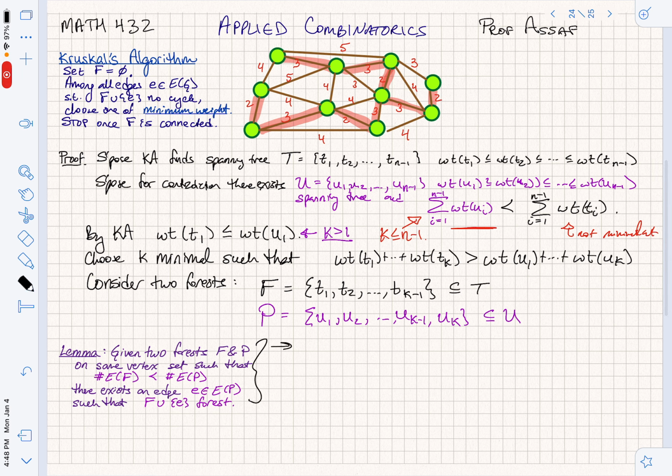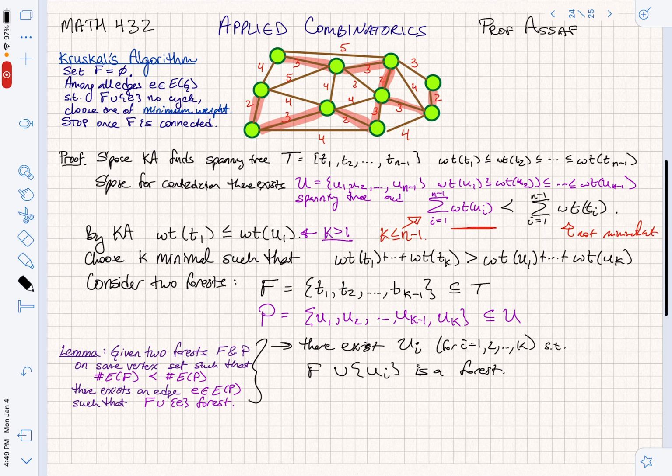This lemma tells us that there exists some edge UI, for I equals 1, 2, all the way up to K, such that F union UI is a forest. Okay, that's what the lemma gets us.